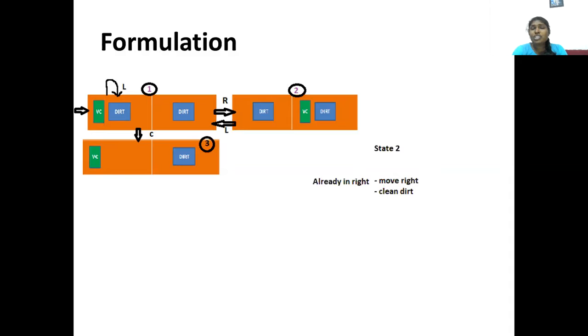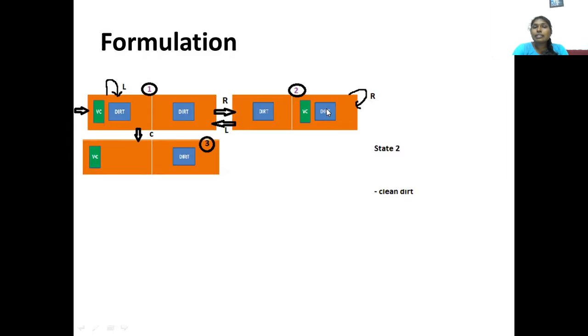And the second operation is move right. Our vacuum cleaner is already on the right side, so it can't move right anymore. So we can make a self loop so that it will stay on the right side. Now, the third operation is cleaning the dirt.